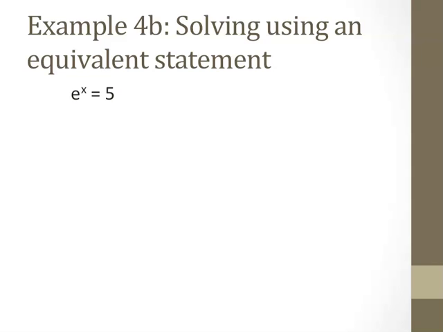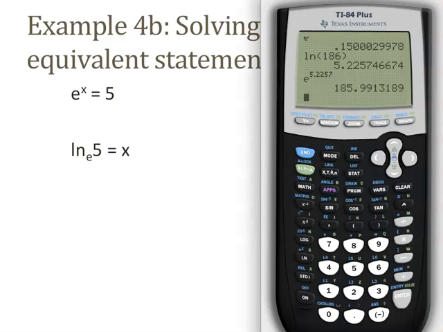So let's rewrite this in log form. So this will be ln of 5 equals x. If it helps you, go ahead and write that e in there. And then now we can just use the calculator to find ln of 5. And it looks like it comes out to be about 1.6094.